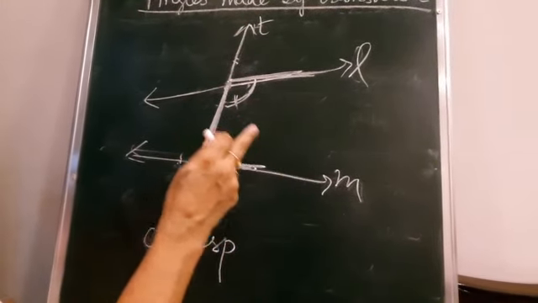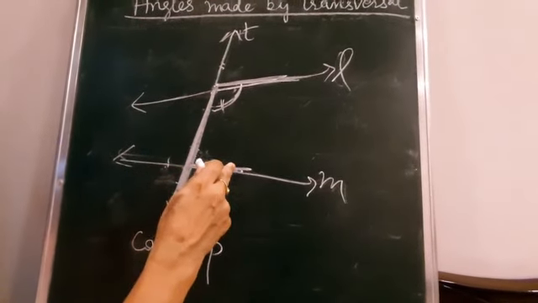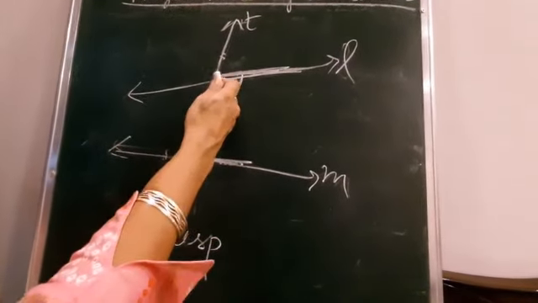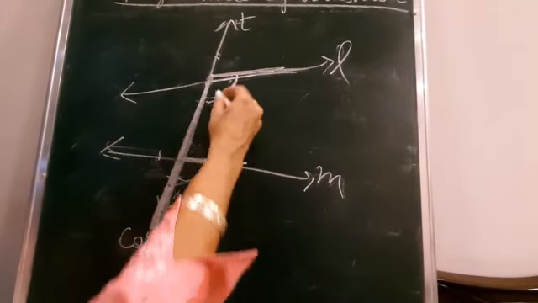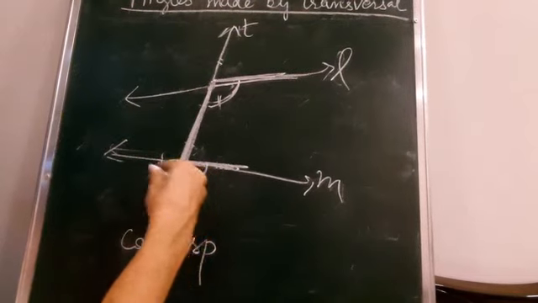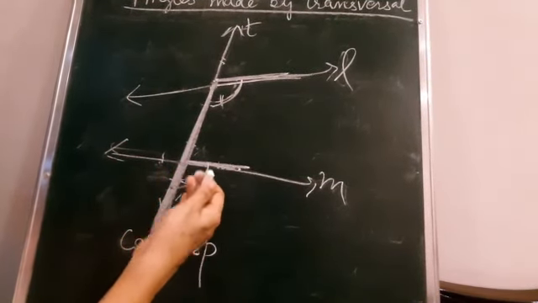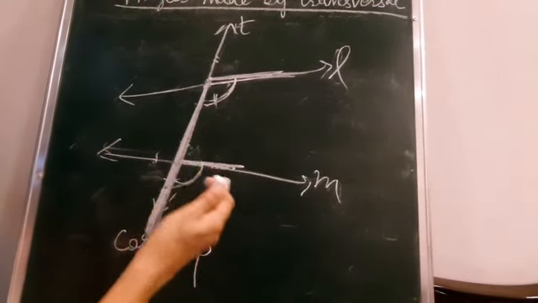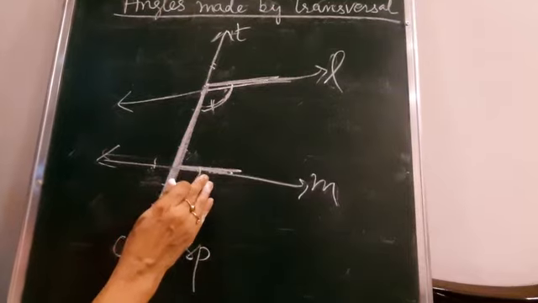And third, one more thing that is also compulsory, they are in corresponding position, means both are below the lines. This is a line, this is again a second line, both are below. Either both are below, otherwise both can be above, otherwise they are on the same side. Then it means their position is also corresponding.